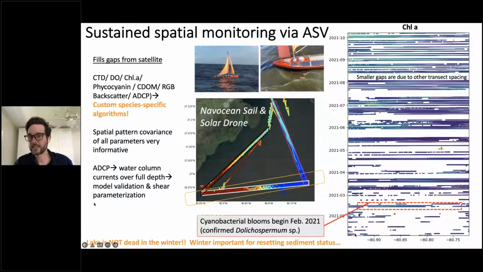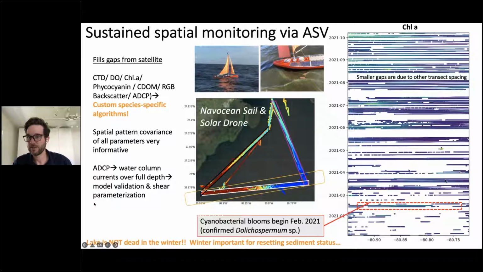But what you do see here is the east to west transect from left to right as we go through the year. We start out January 1st, and this is data through mid-October, and we start seeing activity of cyanobacteria as early as February. We then see the Microcystis bloom pop up in April.